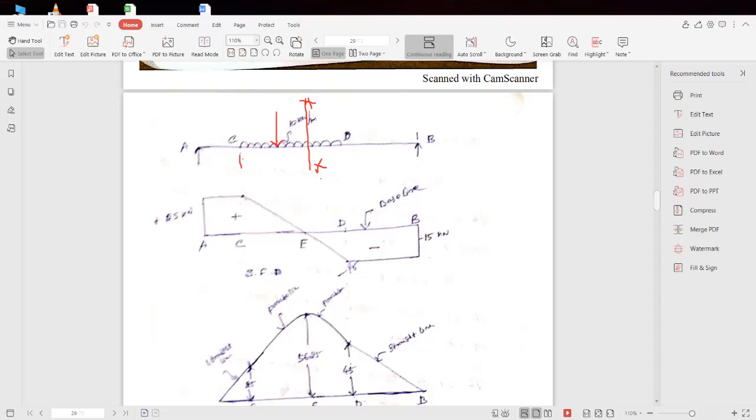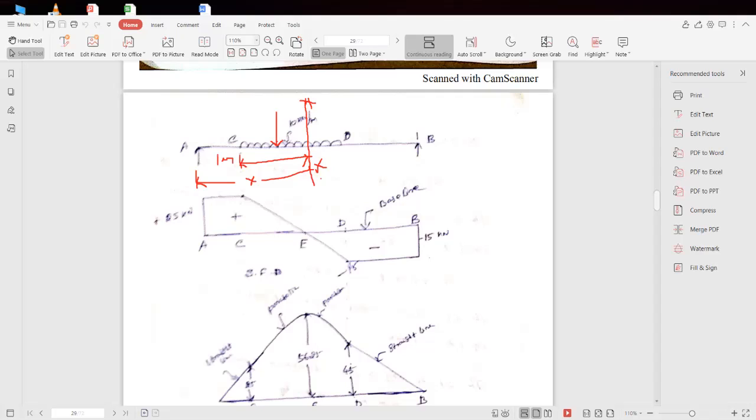What is this distance? So if you're taking section XX at a distance of x from A, therefore this is the distance x, right, at a distance of x. So this distance, so here how much distance? 1 meter, right? Here the distance is 1 meter.